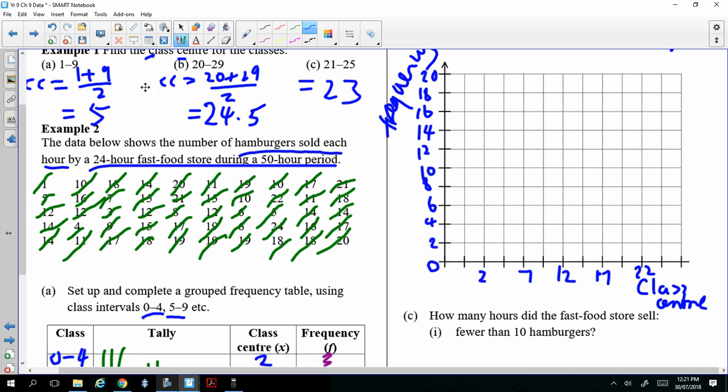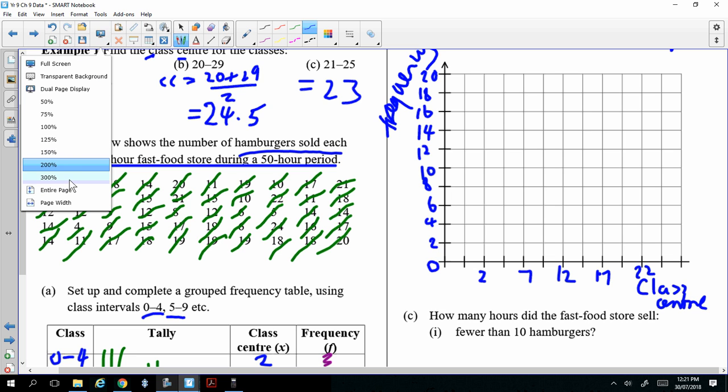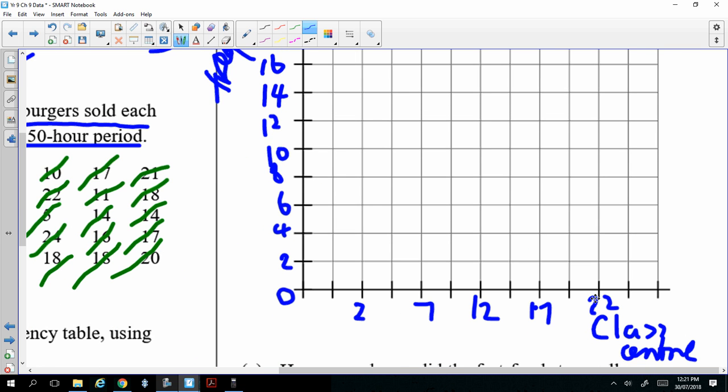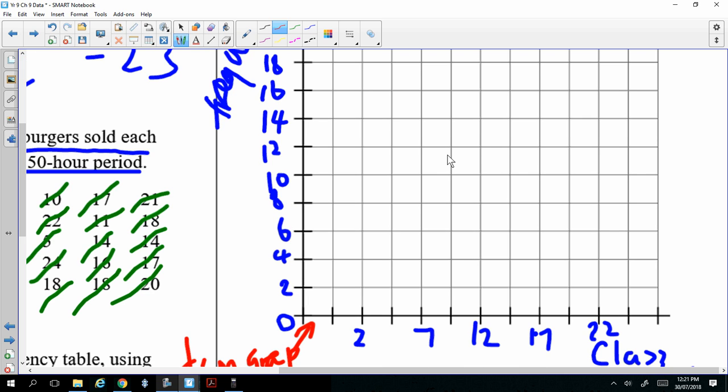Okay, let's start to draw the columns. Make sure you leave a gap. Half a centimeter gap. And after you leave a gap, you start to draw the column, the histogram. So the first one is 3. So you go 3. Notice that I put the class center in the middle. Right? 3. The next one is 7.